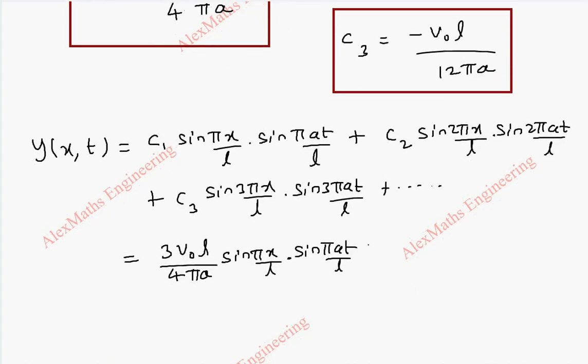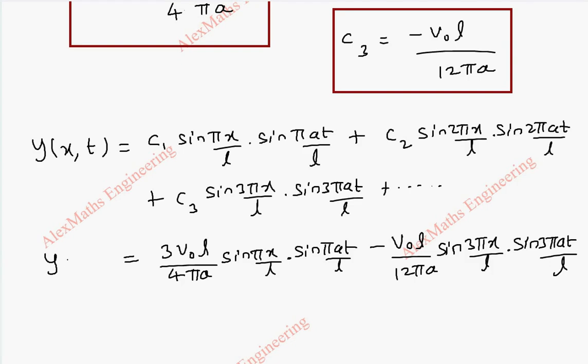Then C3 will be minus V naught L by 12 pi a into sin 3 pi x by L into sin 3 pi a t by L. This is our required complete solution for the given problem.